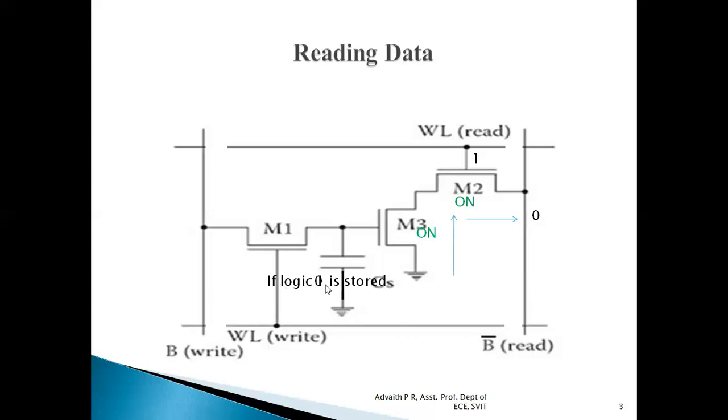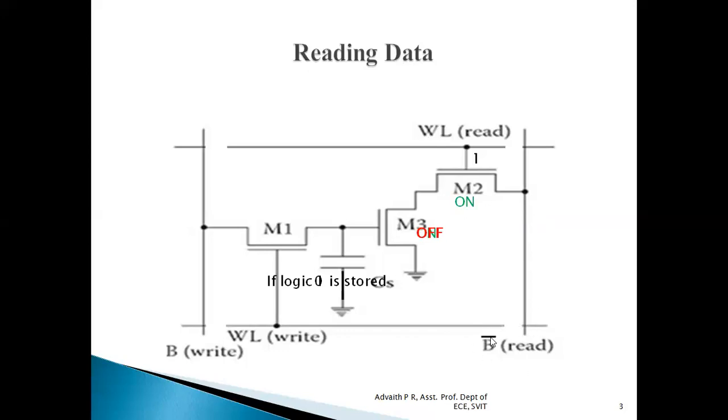Similarly, when logic level 0 is stored in this particular capacitor, 0 will be connected to the gate input of this M3 MOSFET, and M3 MOSFET is off. So when M3 MOSFET is off, this complete circuit becomes open circuited. So this logic level 0 won't be present over there because it is not connected to ground.